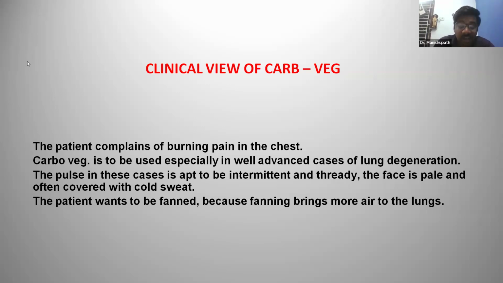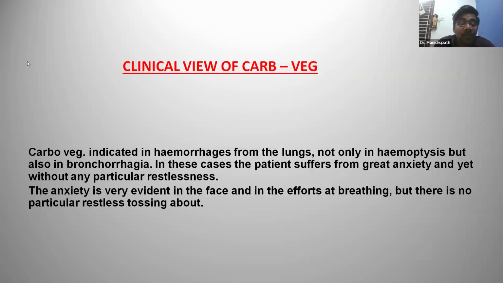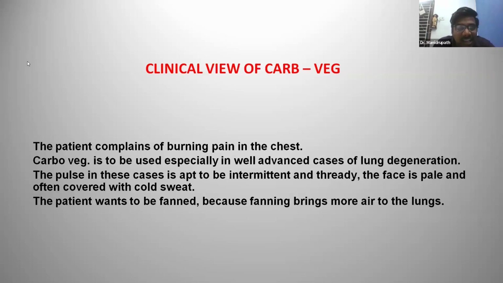In advanced pathologies, hemorrhages of the lungs, in advanced cases of lung degeneration with a lot of burning pain in the chest, Carbo veg is indicated. The pulse in these cases is intermittent, thready, the face is pale and often covered with a lot of cold sweat, and the patient wants to be fanned because fanning brings more air into the lungs. This is the clinical view of Carbo veg.